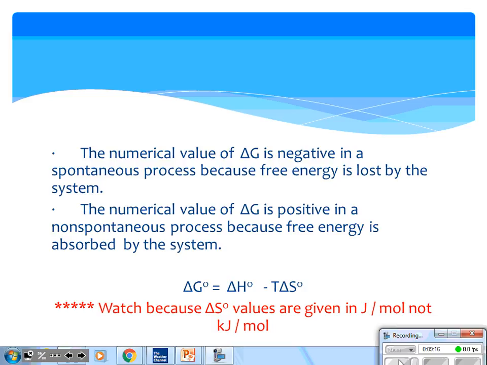So make sure, biggest problem that we have with this is people not converting the S or the entropy values. When that does not happen, we've got problems. Okay? So make sure if you're using the Gibbs-Helmholtz equation that you convert those values.